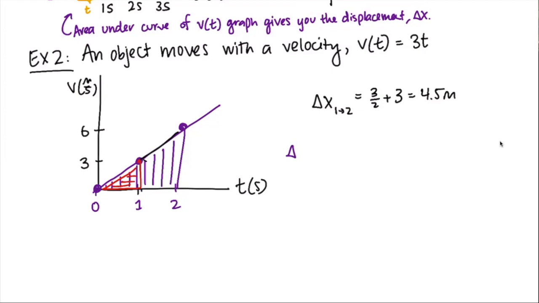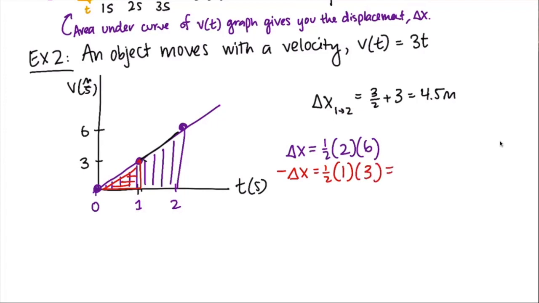So how would we do it? We'd say, all right, well, the displacement of the purple triangle, that's 1/2 base of 2, height of 6, from 0 to 6, minus the red triangle displacement, which was from 0 to 1, so 1/2 the base, which was 1, times the height, which is 3.